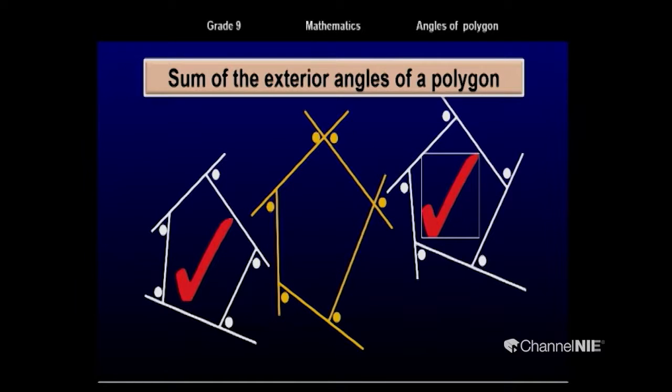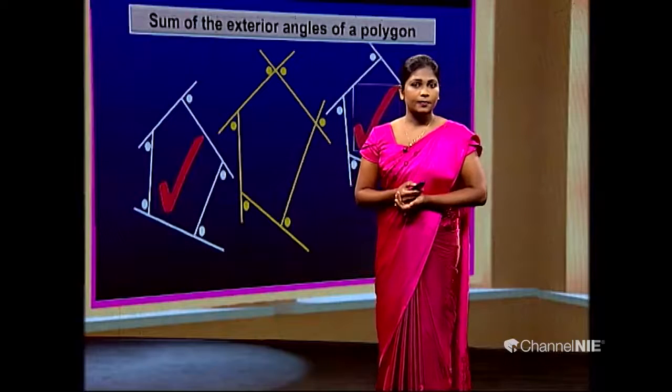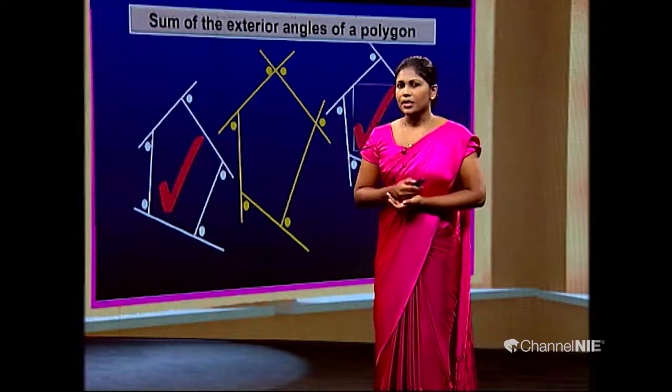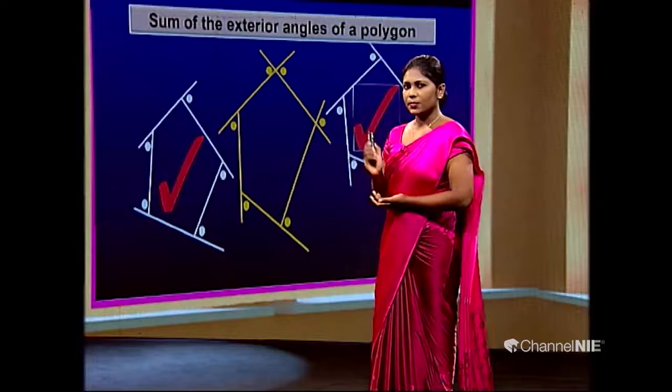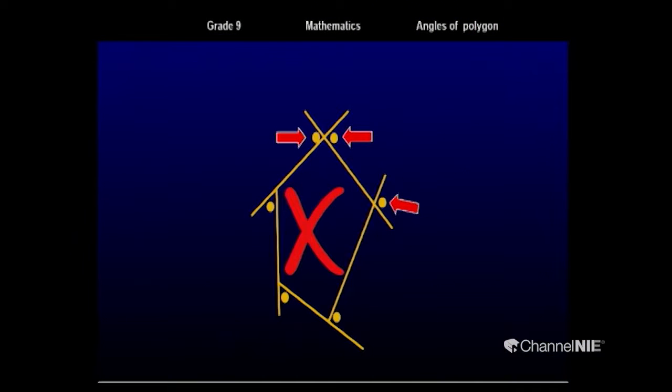What about these exterior angles? I marked those exterior angles. Yes, those are also correct. But consider that yellow color polygon. When we consider that polygon, now you can see there are 3 arrow marks.